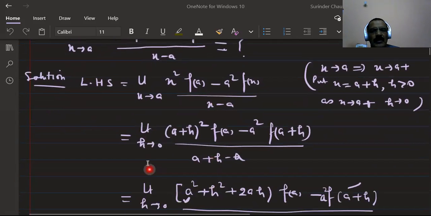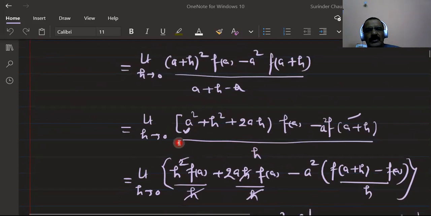After changing the limit to h approaching 0, we get the limit of ((a + h)² f(a) − a² f(a + h)) / ((a + h) − a).